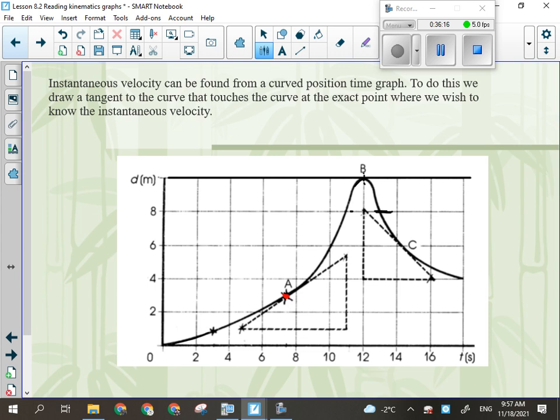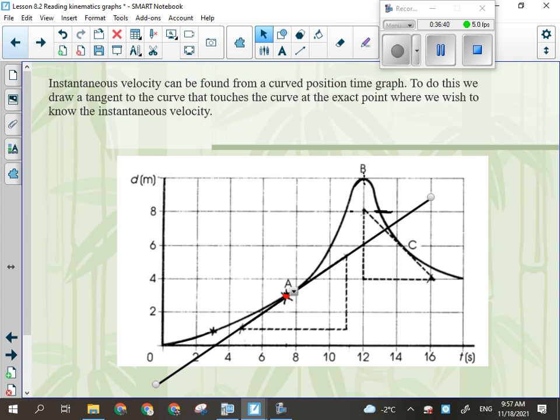I can take my tangent line, like I did right here, and I can make it long enough to do a slope calculation. I could get b, I can get y and x, and I can calculate m, as long as I draw a tangent that touches the curve so it's parallel to the curve.